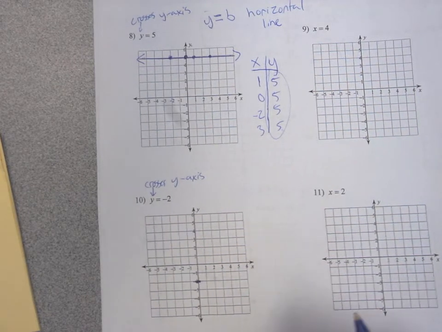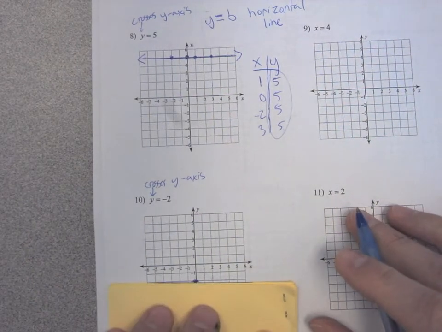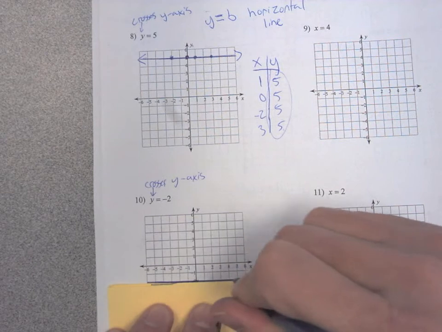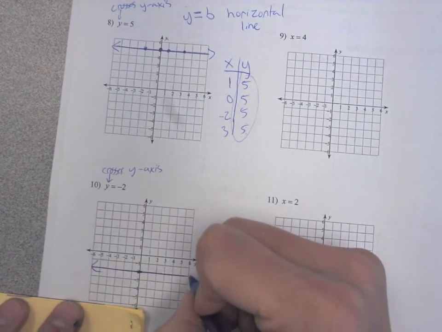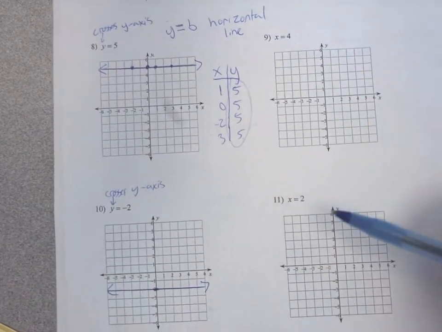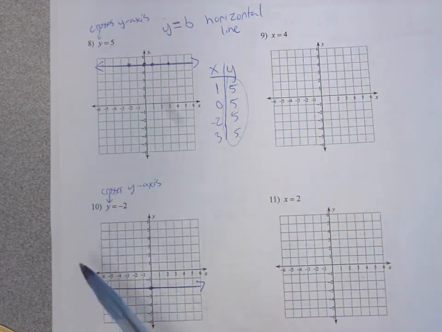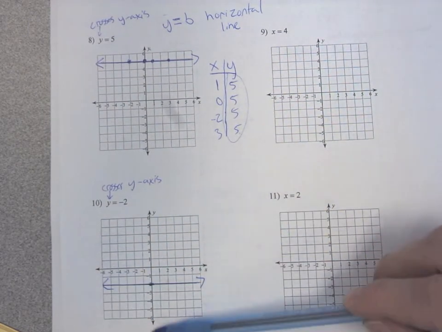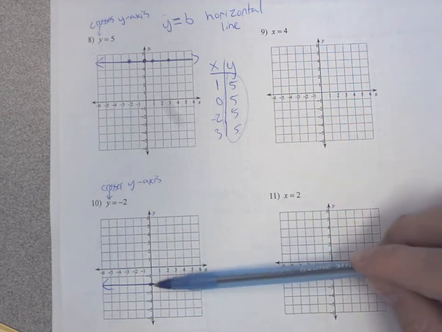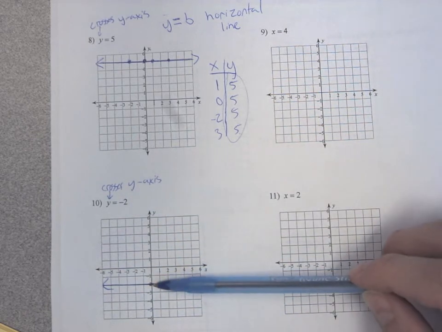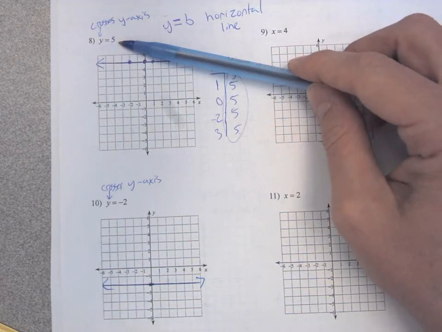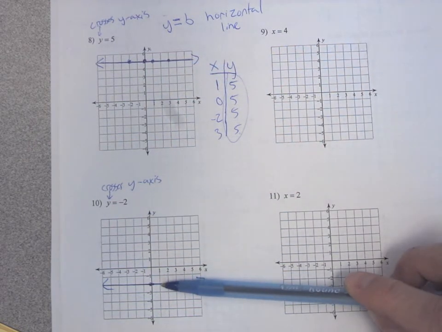Okay. So there's y equals -2. It's going to cross the y-axis right at -2. So you don't have to make a table every time. You just know that y equals number is horizontal. It crosses the y-axis. It hits the y-axis at -2. Okay, so horizontal line that crosses the y-axis at 5, horizontal line that crosses the y-axis at -2.